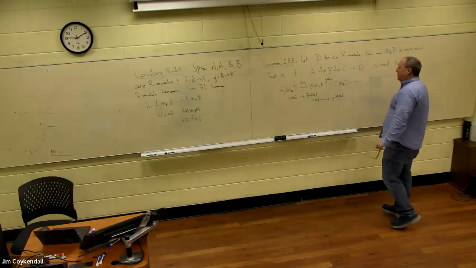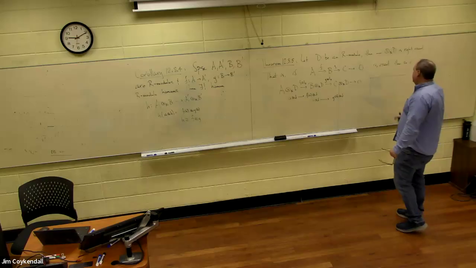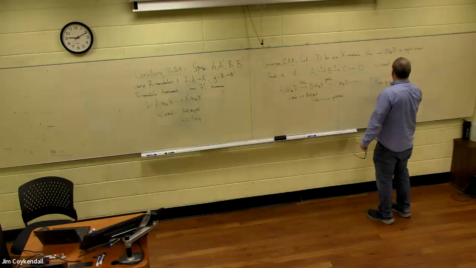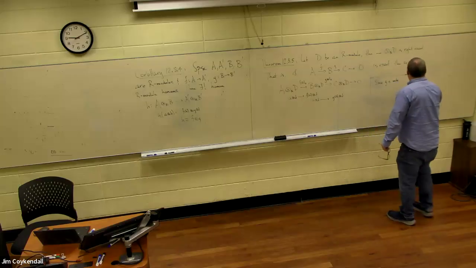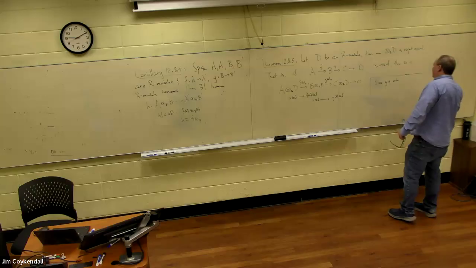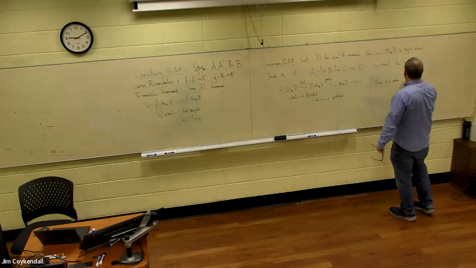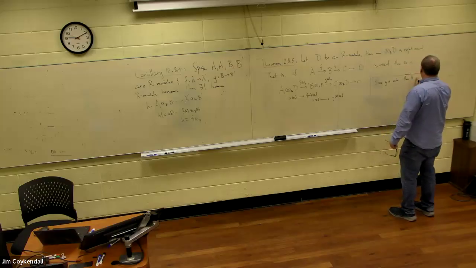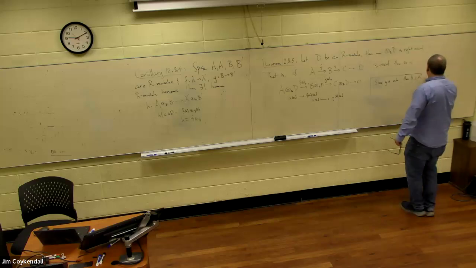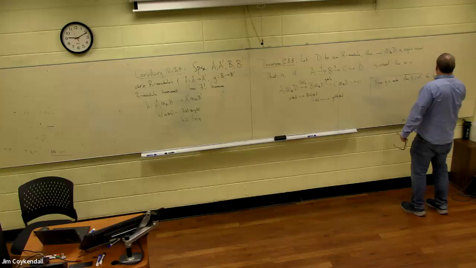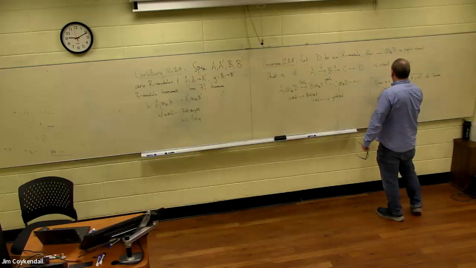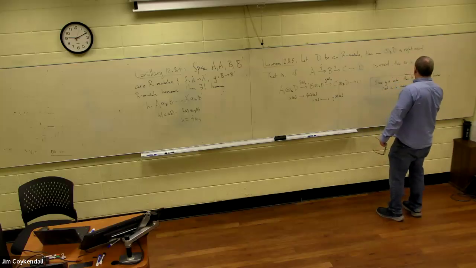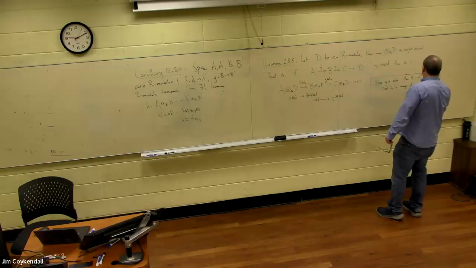The onto-ness is not too bad because, since g is onto, for all c in C, the tensor c ⊗ d is in the image of g ⊗ 1_D.